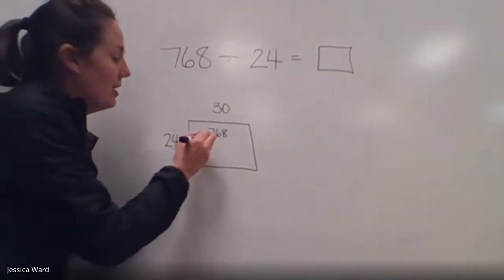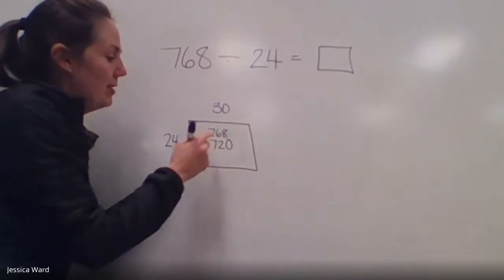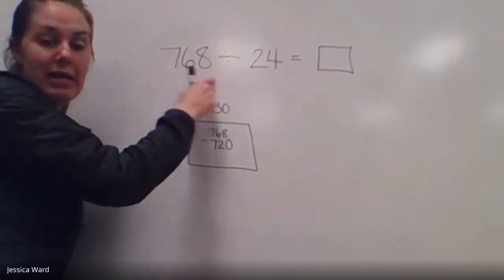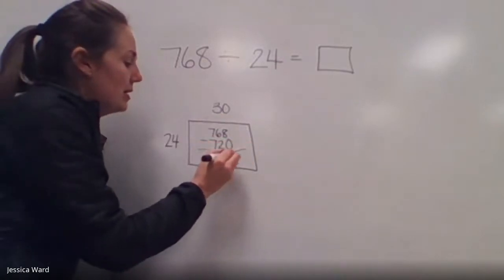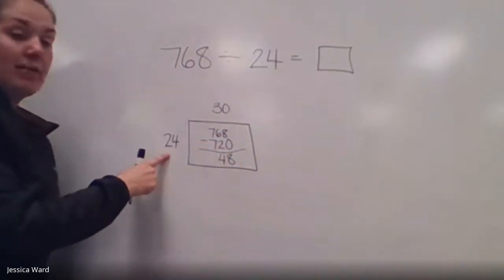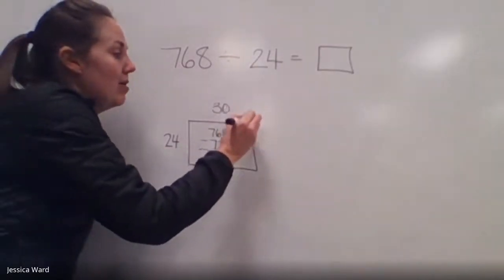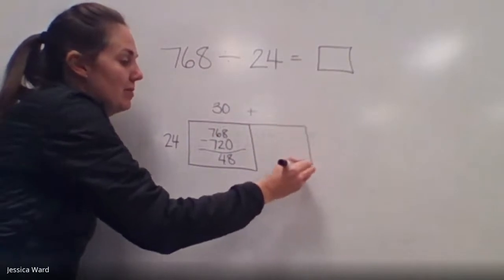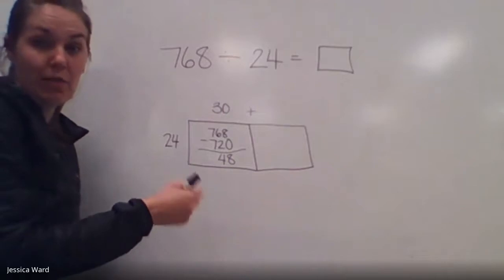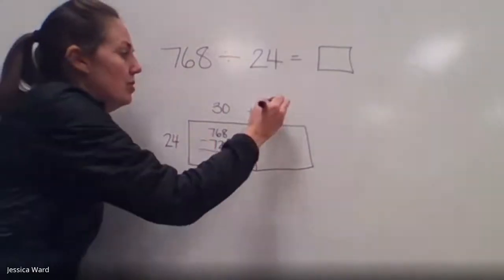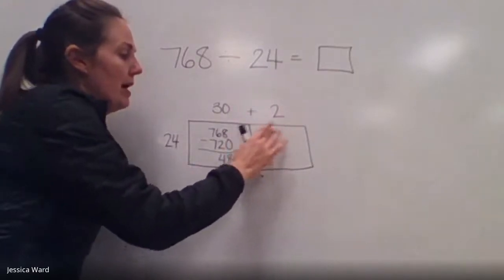It got me 720, so I'm going to take away 720 from the 768 that I had, and that's going to leave me with 48. Now I'm going to see how many times 24 will go into 48. So I'm going to add on another section and think about what times 24 is going to get me 48. Well, 2 times 24, I have 48.